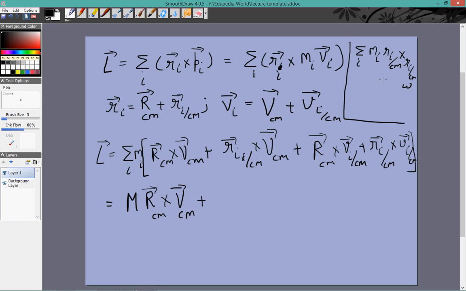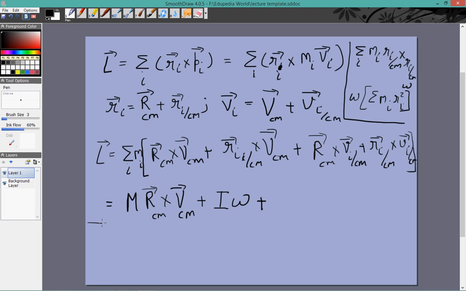So omega can be taken out. We get omega times summation Mi Ri square, which is just the moment of inertia, right? So we get I omega, where I is the moment of inertia about the center of mass, and omega is the angular velocity about the center of mass, right? Plus we get two more terms.